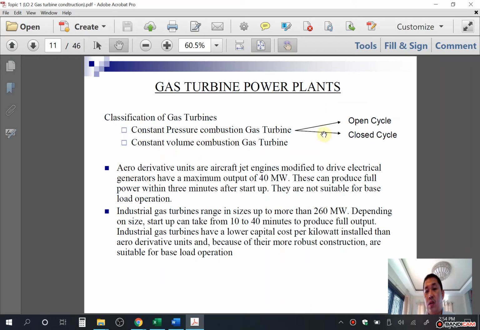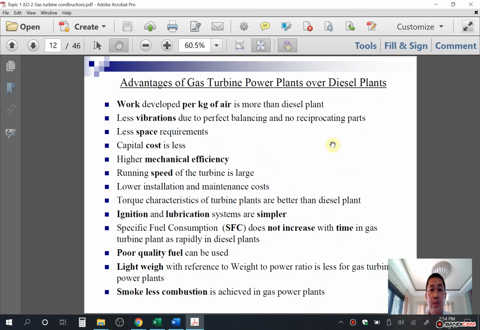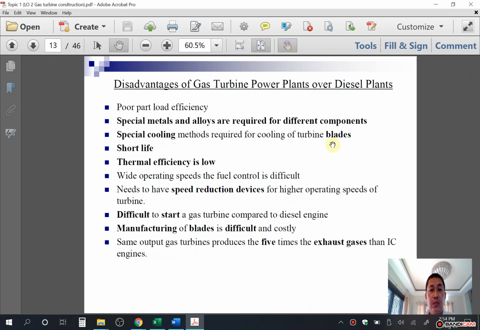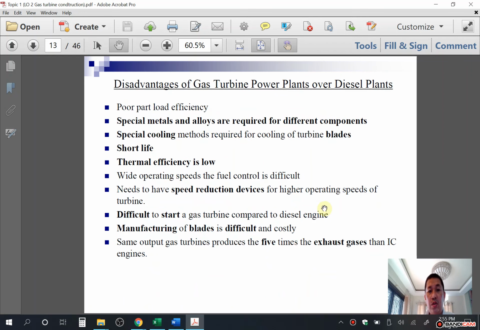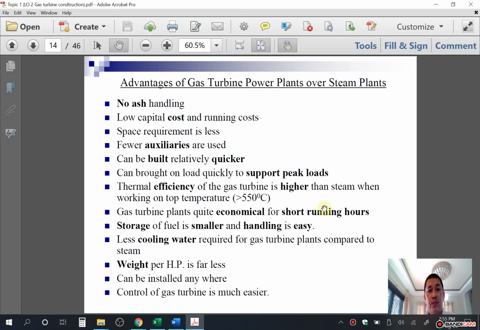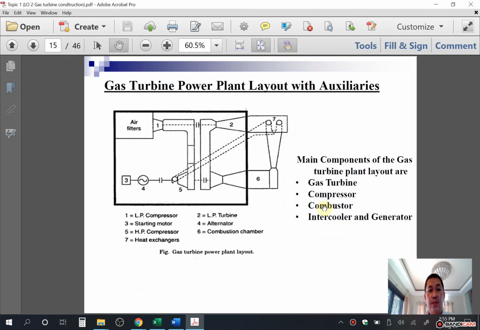We have open cycle and closed cycle. There are advantages of the gas turbine. You just read this one, advantages. And there are also the disadvantages.